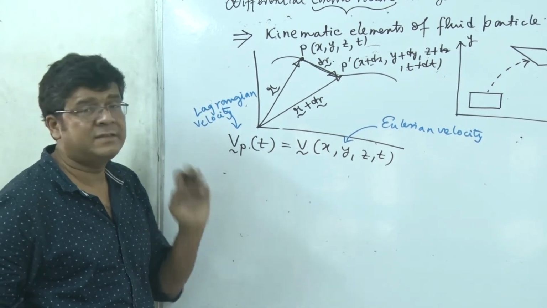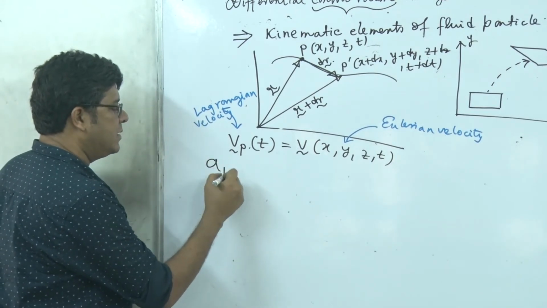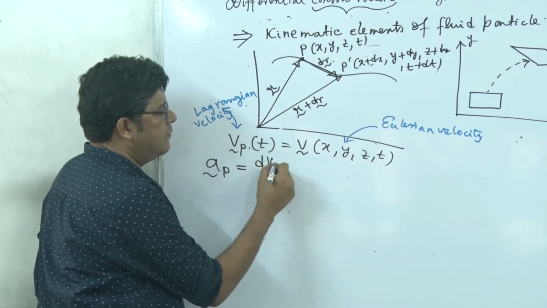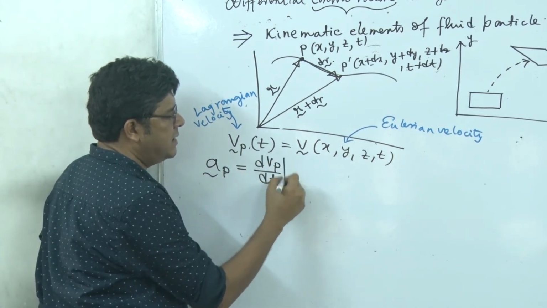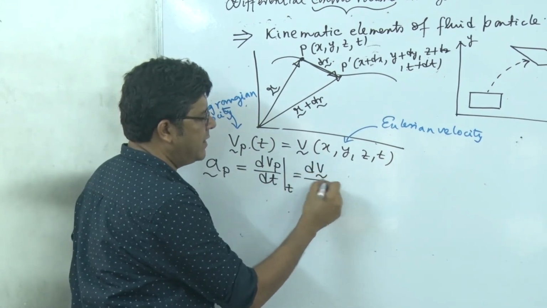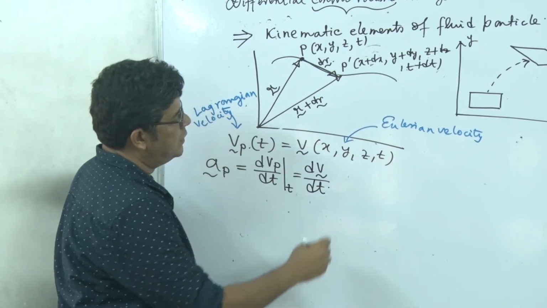Right? So let's discuss acceleration. What will be the acceleration of the particle? So acceleration of the particle will be dVp/dt at t, and that is the total derivative of this, right?